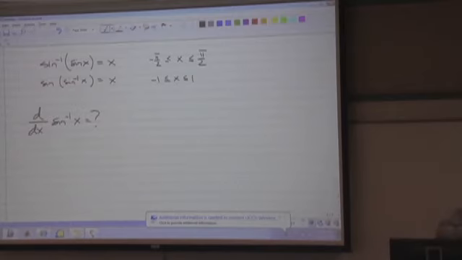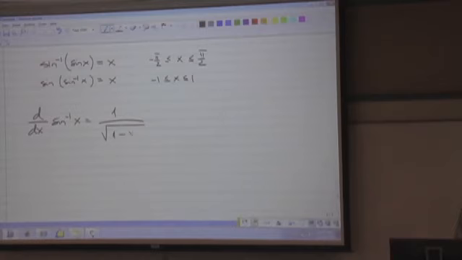As it turns out, the derivative has nothing to do with any trigonometric function. Okay? The answer will be 1 over the square root of 1 minus x squared. That's weird, at least. Now, how do we get to it?